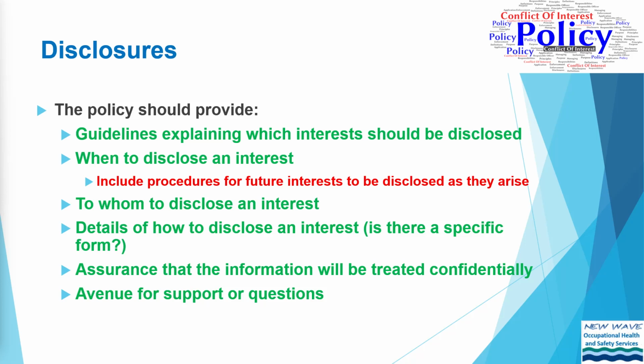Such details may include going over any specific form you may have, an assurance that all disclosures will be treated confidentially, and where to go for support or to ask questions. This latter point is especially important, as conflict of interest is often not black and white.